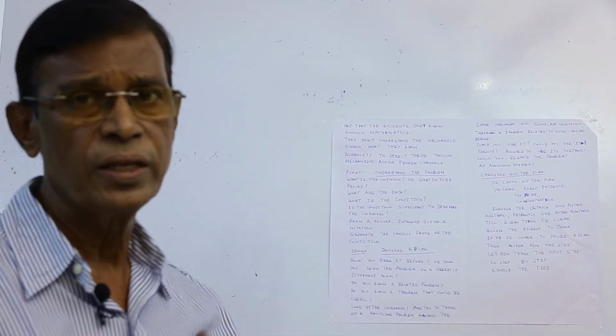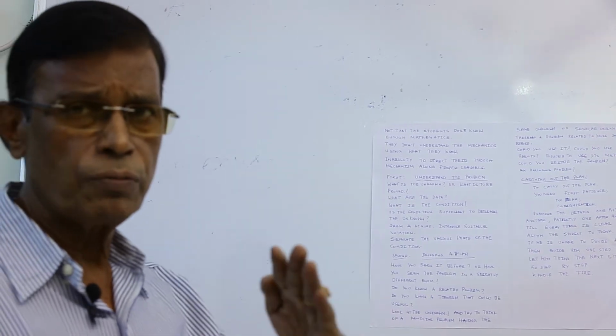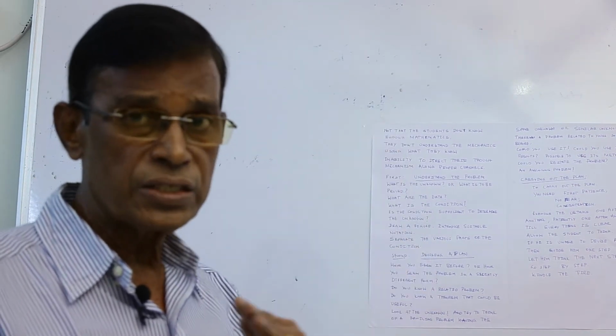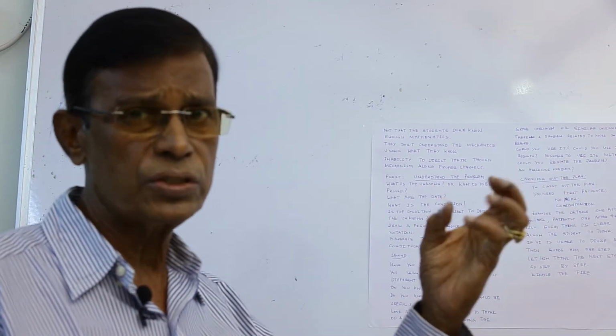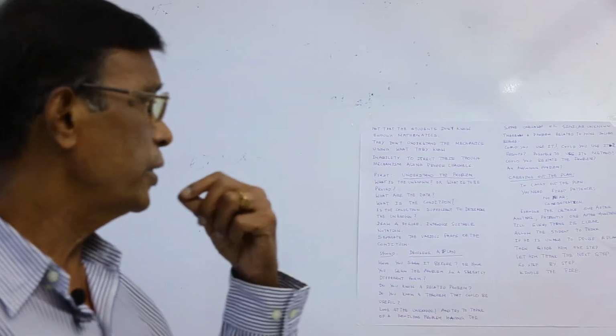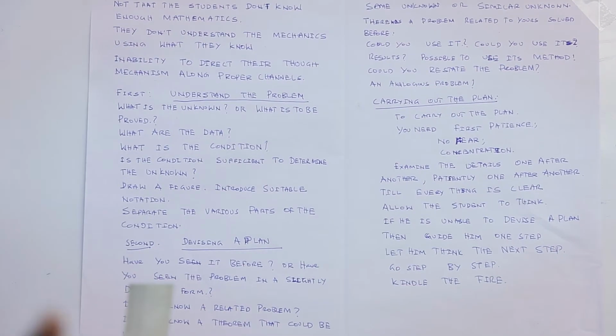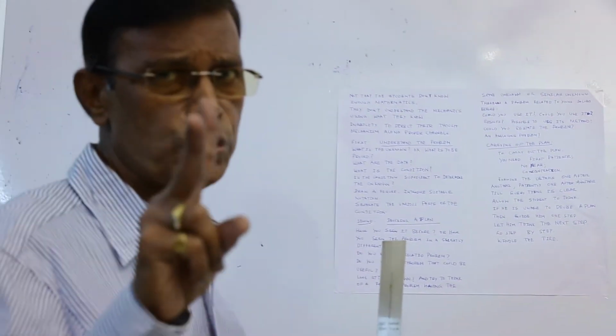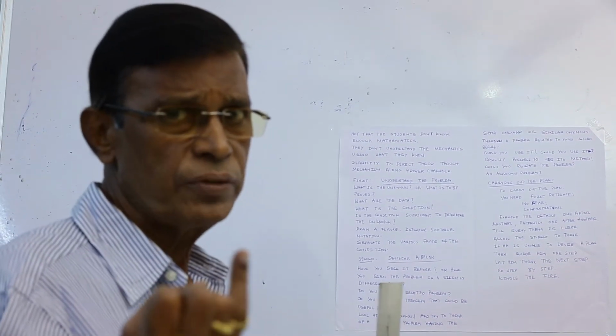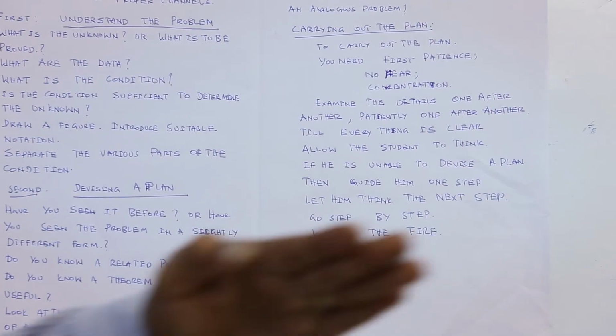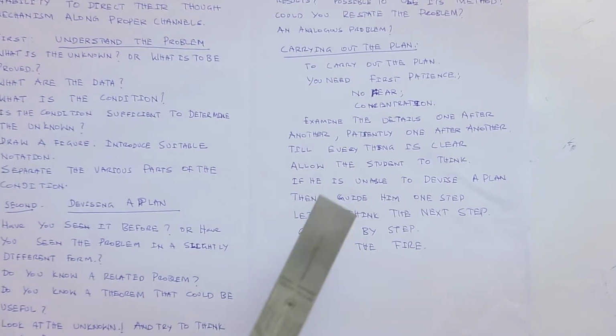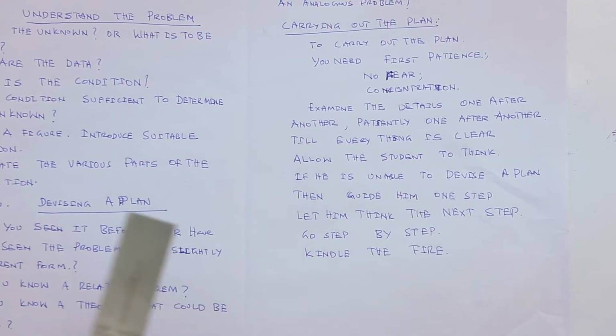That blocks the brain, and they are unable to get ideas. So they should not have fear. To do any mathematical problem you need two things: concentration and patience. Examine the details one after another. Go through every step patiently till everything is clear.